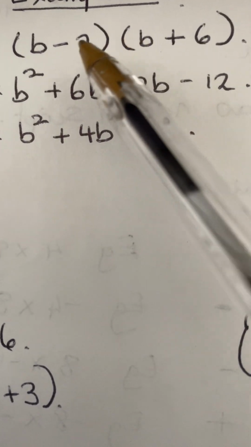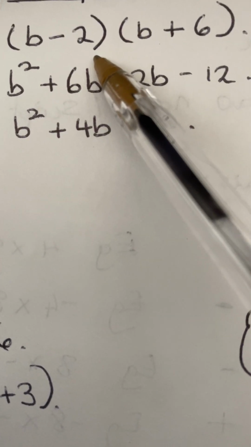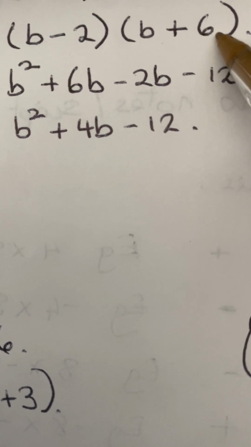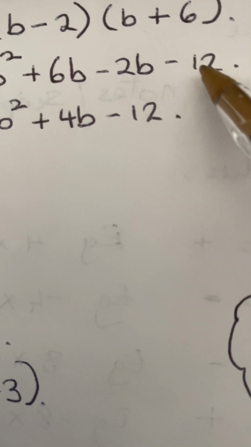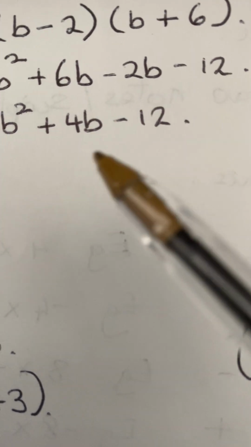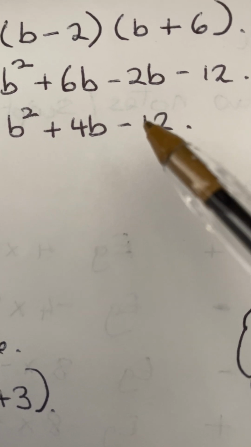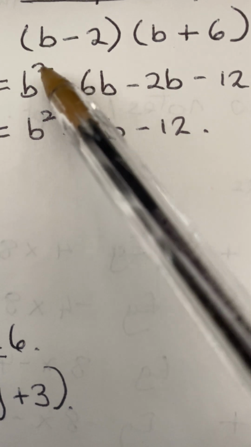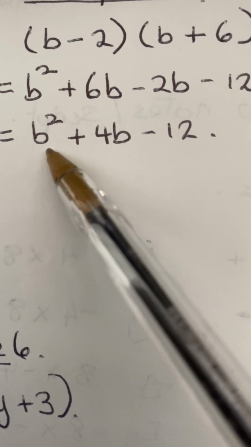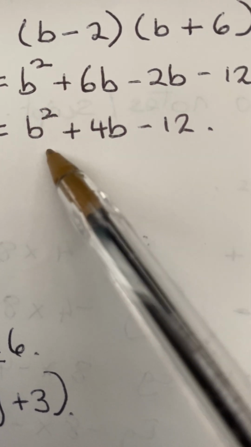Minus 2 times positive 6 is minus 12, as I've shown you in the recap in the beginning of the lesson. Now b squared is positive, so we bring it down.